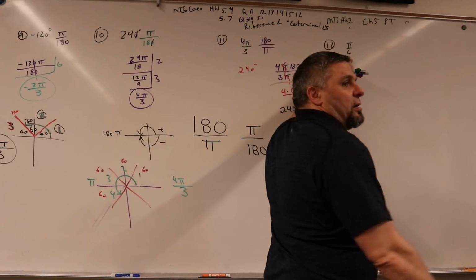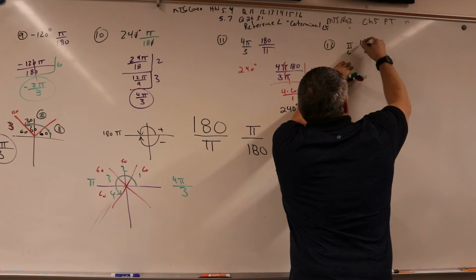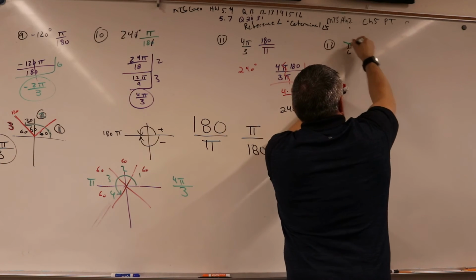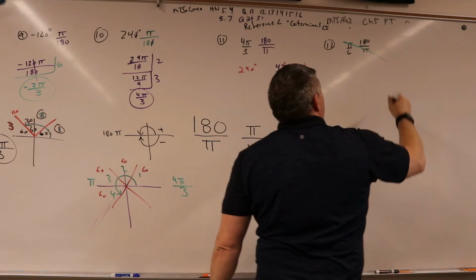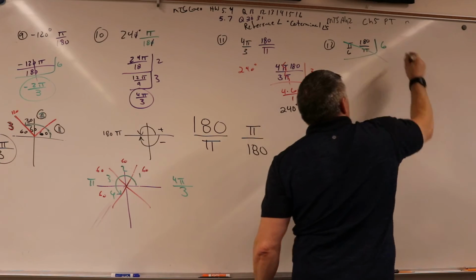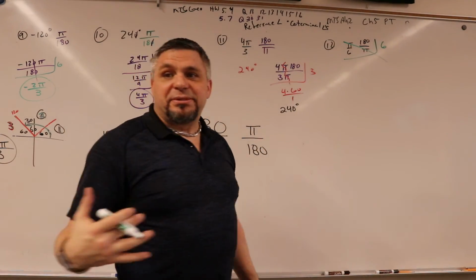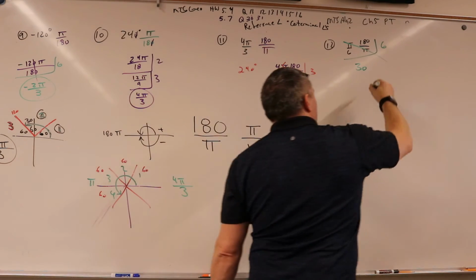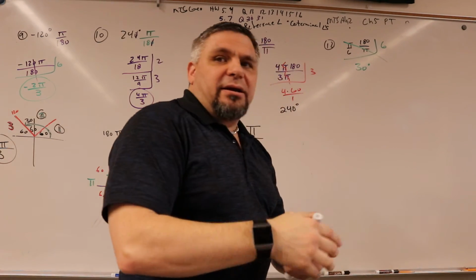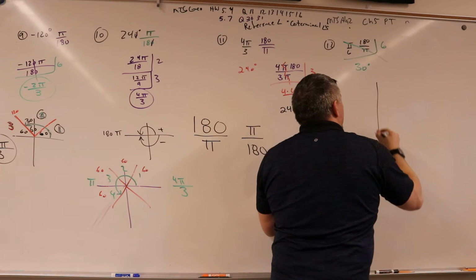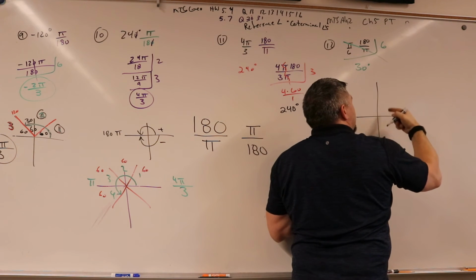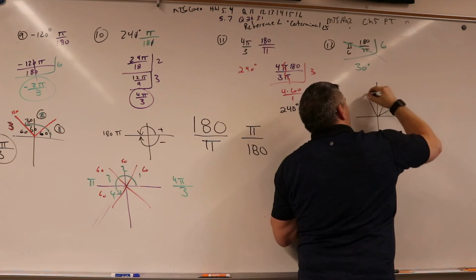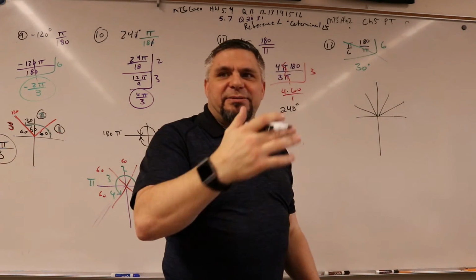Same thing here: 180 over pi. You notice that the pis cancel. What goes into 6 and 180? How about 6? How many times? 30. And there it is. If we wanted to look at it on a scale like this, we would break this down into 6 pieces. That means this gets broken into 3, this gets broken into 3. That's 6 pieces.